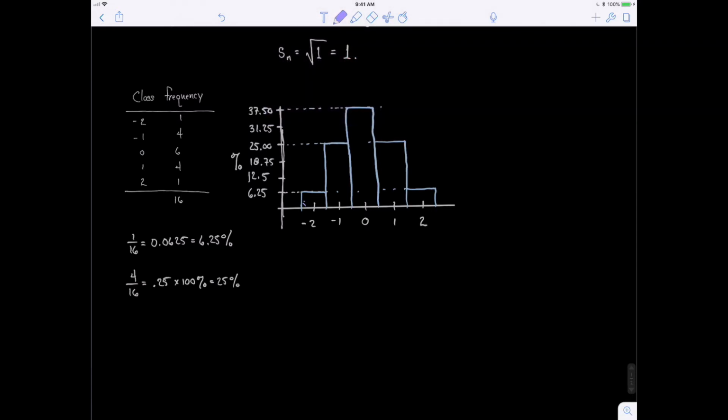If I color in this first bar, you'll see why. If I color in this first bar, then that represents 6.25% of my total data. So this is 6.25% of all data.